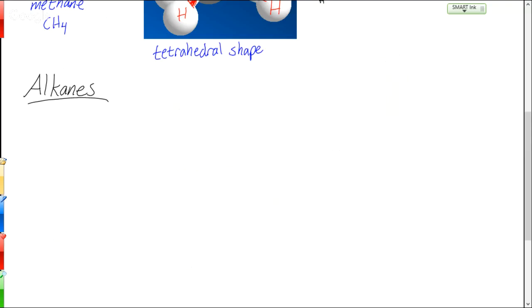Alkanes are molecules that are only carbon and hydrogen with no multiple bonds.